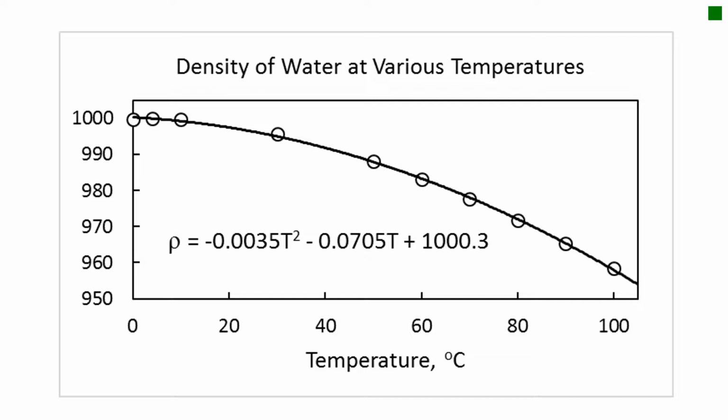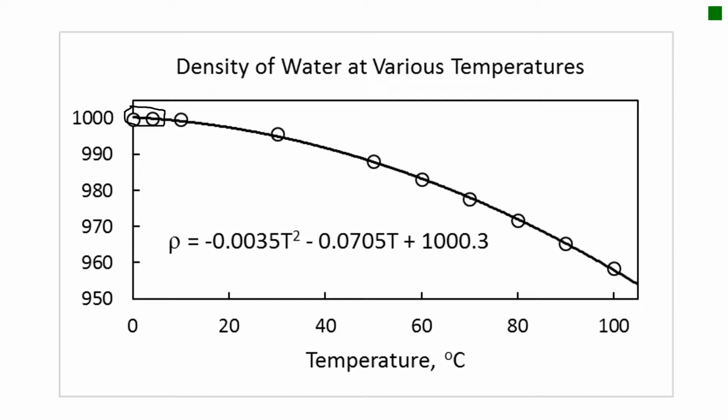And I need to find out how density changes with temperature, so that I can use that in my equations. I gathered some data off the internet, looking up the density of water at various temperatures. At low temperatures, the density of water is pretty close to 1,000 kilograms per cubic meter.